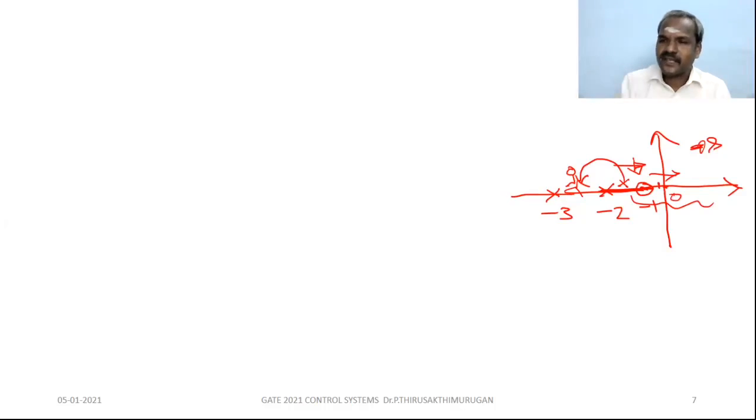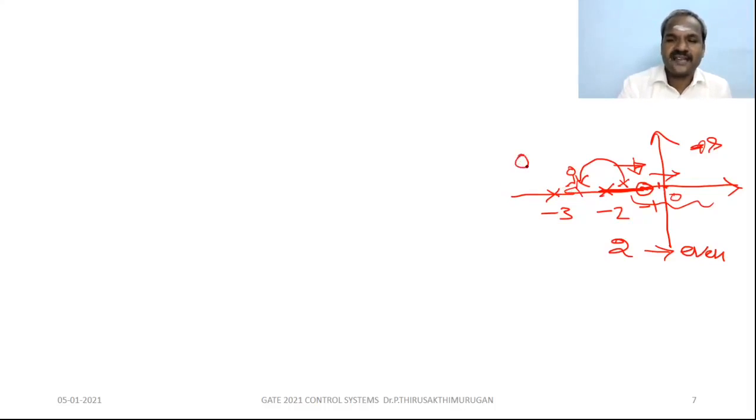If the total number of poles and zeros to the right of your position is odd, there will be a branch. If the total number is even, no branch lies there. Here the total is the even number 2, so there is no branch between -2 and -3.